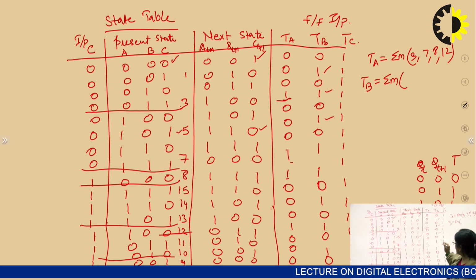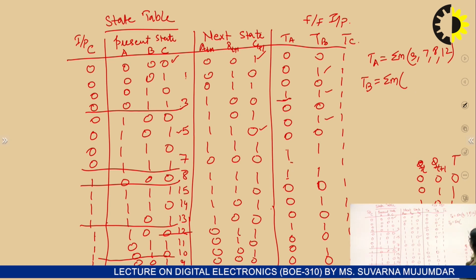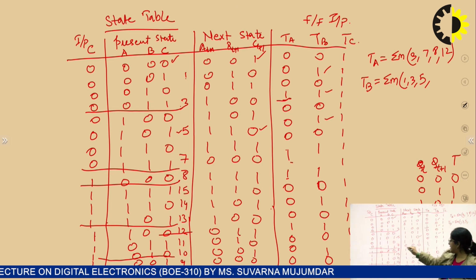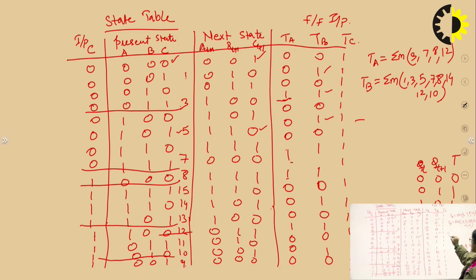And for case of TB, here we will see 1, 3, 5, 7, 8, then this will be 14 and 12 and 10. In case of TC, for all the values from 0 to 15, it is 1.